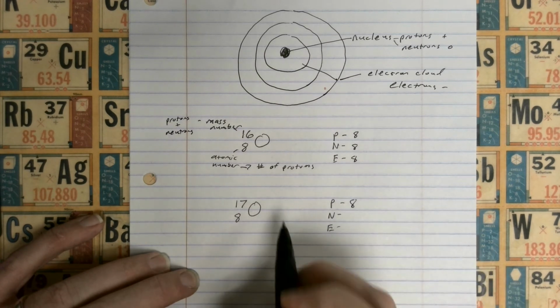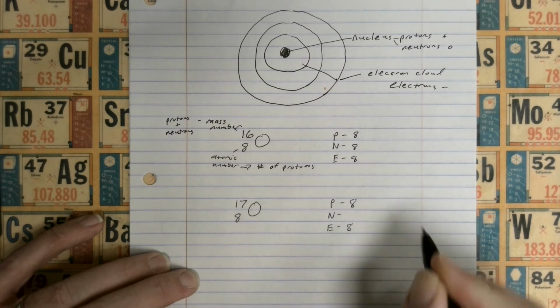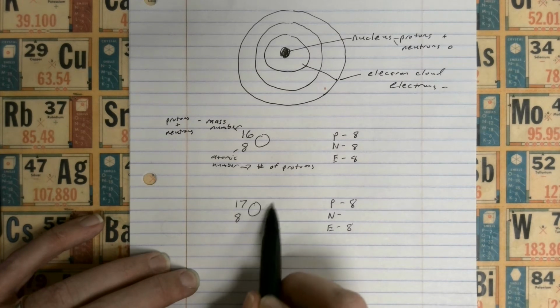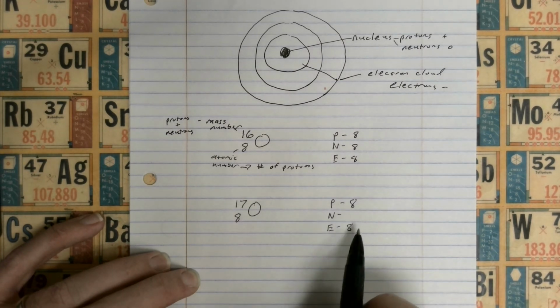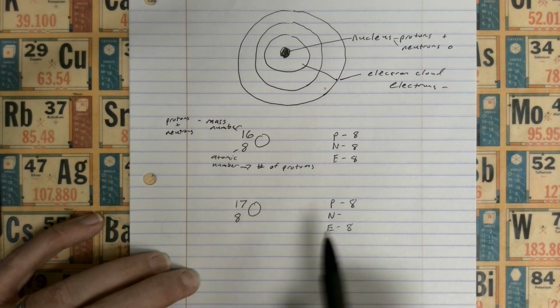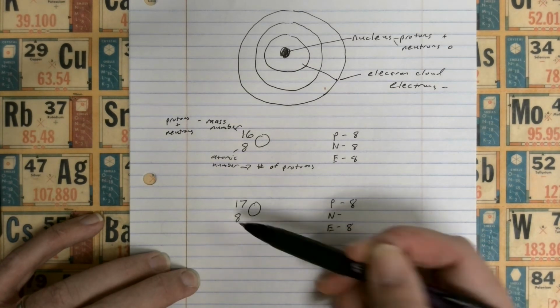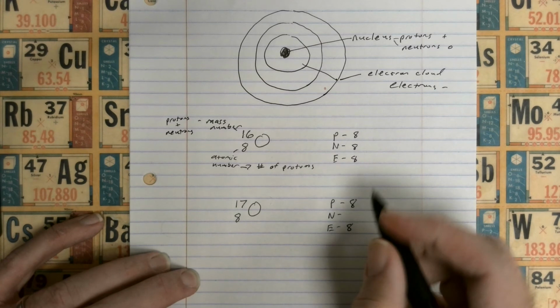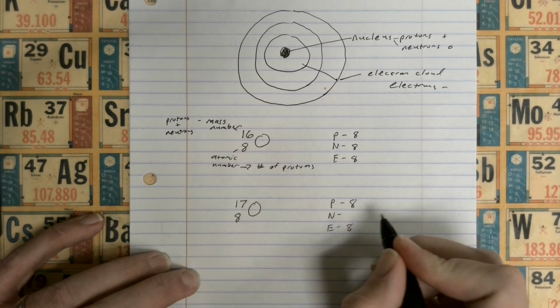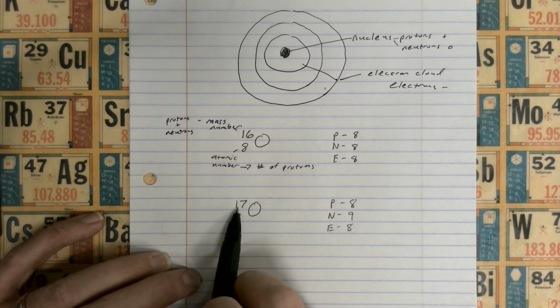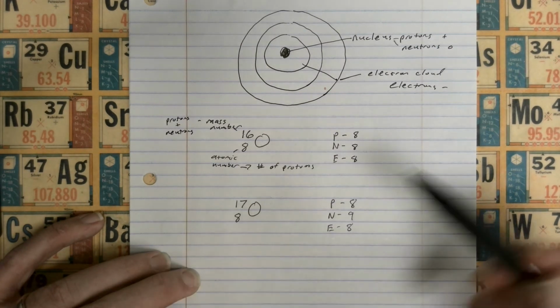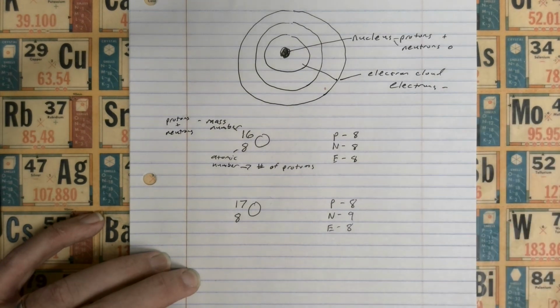The charge, which I'll do next, would be up in the corner if there was one. So the electrons are also 8. For neutrons, I do the top number minus the bottom number, the mass minus the atomic number, which is 9. Because we added a neutron, my neutrons are different.